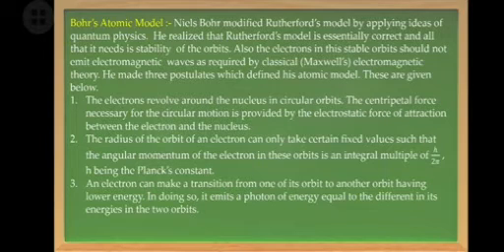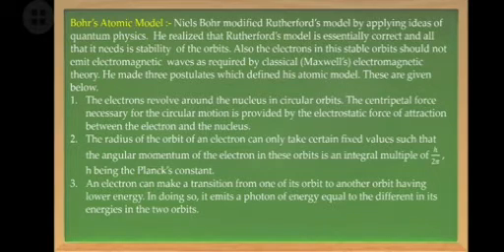The first postulate, there are 3 postulates. So the first postulate is that electrons revolve around the nucleus in a circular orbit. This I have stated before also. And whenever an object is moving in a circular orbit, it needs centripetal force.